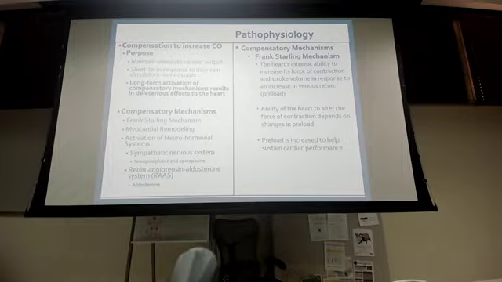So we're going to talk a little pathophys. We won't get too deep. Try to keep it a little simple. But when your cardiac output decreases, those compensatory mechanisms we're talking about, there's a couple of them, right? So the Frank-Starling mechanism, which is basically the heart's intrinsic ability, the heart itself, to increase stroke volume and force of contraction because there's more preload.